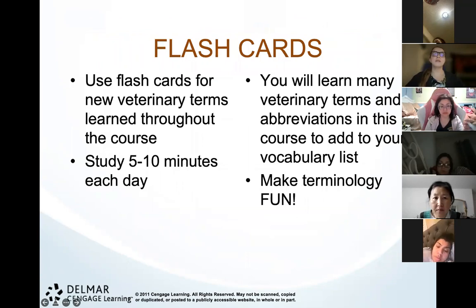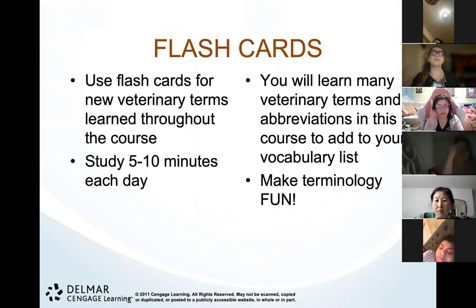All right, and we're gonna go over some flashcards. And I highly recommend that you guys make flashcards for these terms. It's going to help a lot when memorizing them. We did go over a ton of terms and we're going to keep going over more. As we get into more, these are now going to be abbreviations. We just went over a lot of medical terminology.